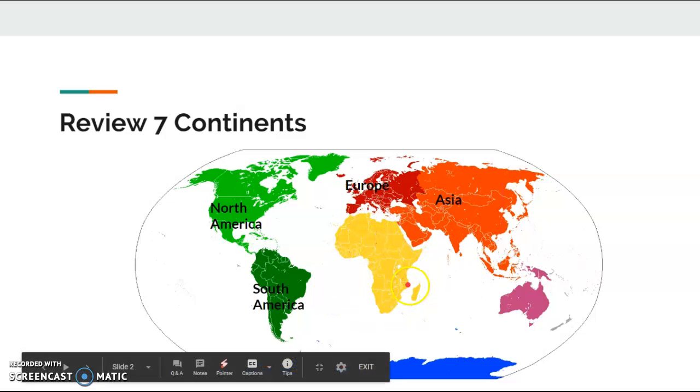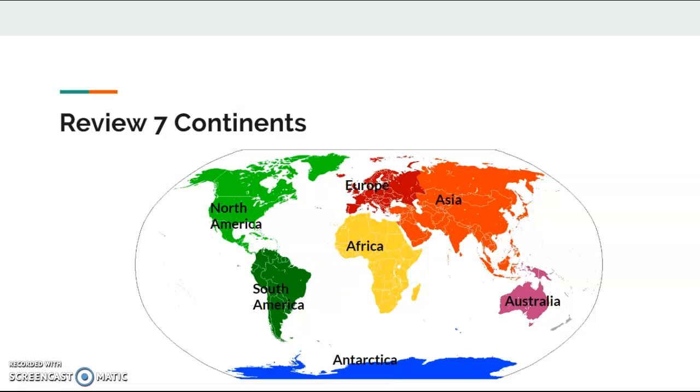Down here in the yellow is Africa. Over here in the purple is Australia. And then down here in the blue is Antarctica. It's kind of covered up for a second. All right, so we have North America, South America, Europe, Asia, Africa, Australia, and Antarctica.